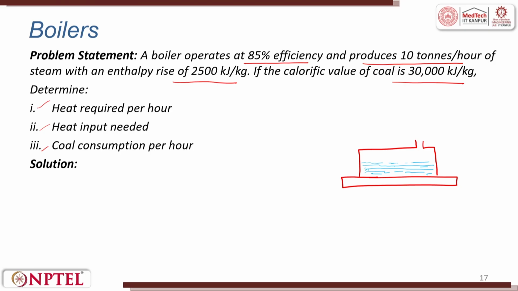From here heating is done and steam comes out at a 10 tons per hour rate, and delta H is 2500 kilojoules per kg. This is the basic sketch of the boiler.